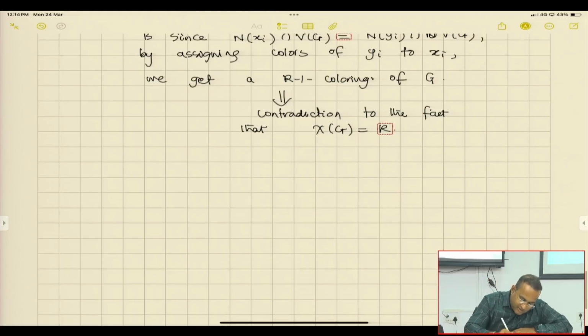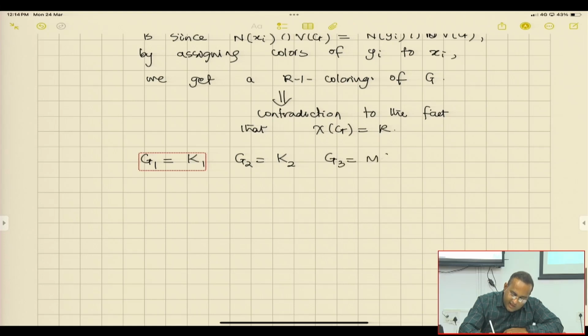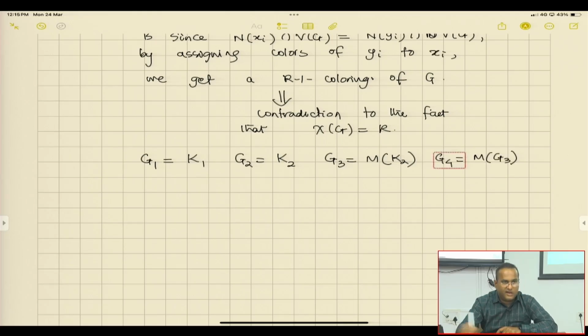So what about if you take G1 as K1, G2 as K2, and G3 as M of K2, like this, and G4 as M of G3, like this? If you take that, then what will happen?